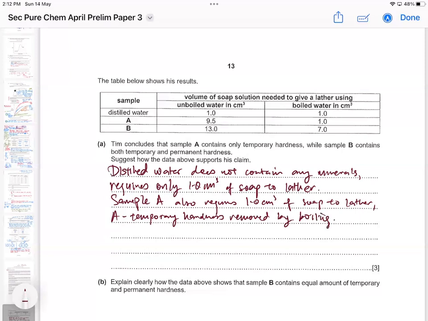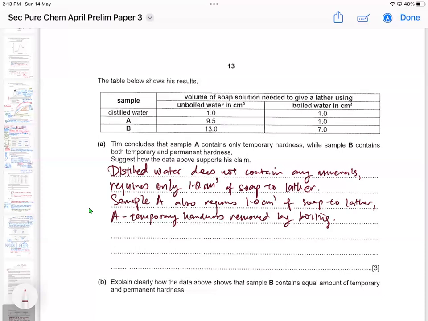Remember, the concept is the harder the water, the more soap you need. So at the beginning, there is some hardness in both sample A and B prior to boiling, both of them require quite a significant amount of soap compared to distilled water. So this shows that there are ions over there that make the water hard. But after the boiling process, the boiling removes the hardness in A, so that shows temporary hardness.